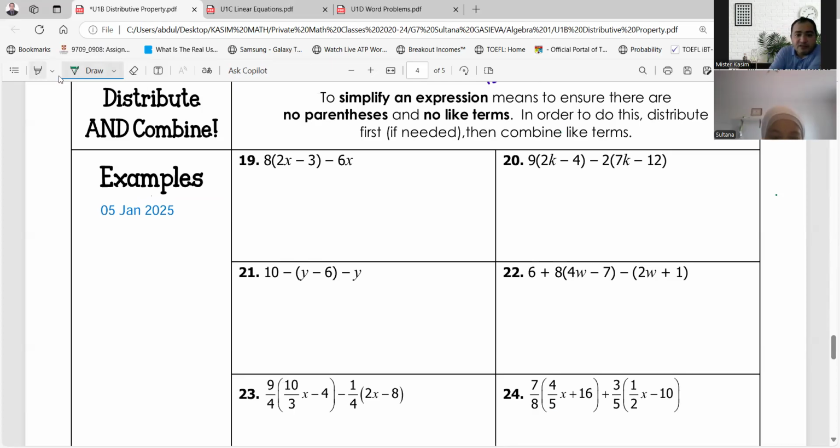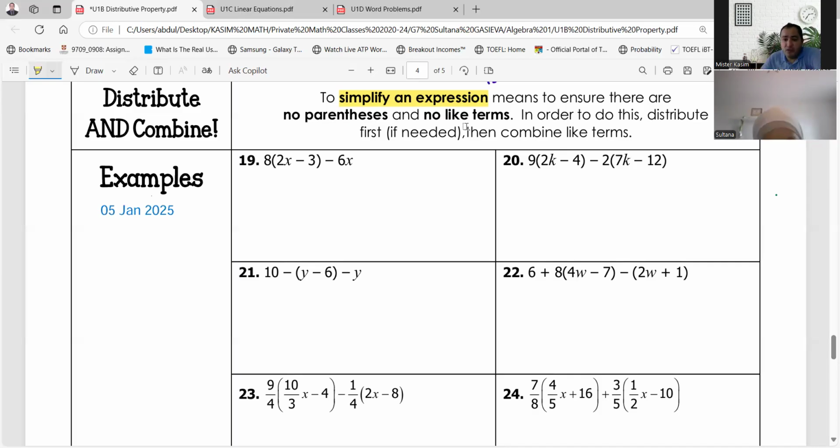So that's the definition of simplifying an expression, Sultana. When I say simplify, we mean that you should open all parentheses and simplify like terms. First we have parentheses, open them, then simplify.